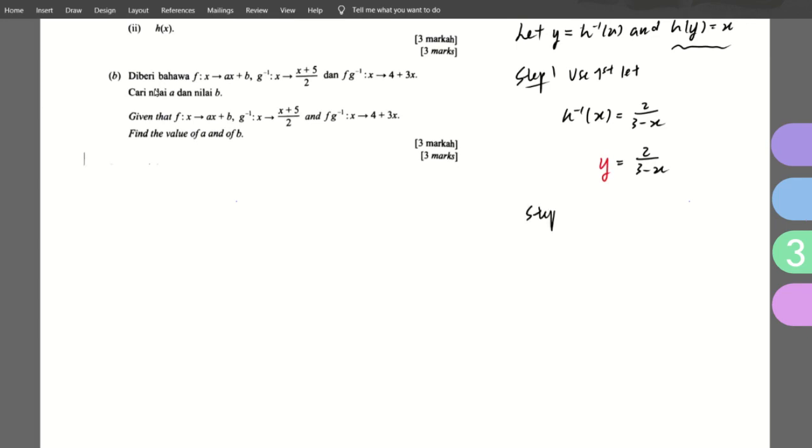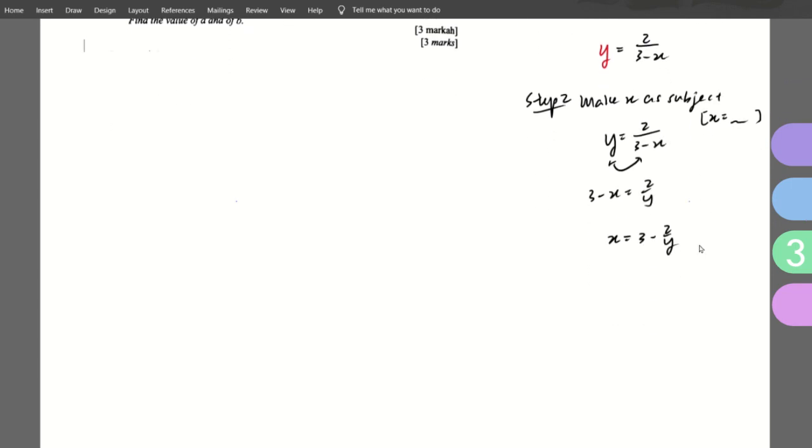Step number 2, make x the subject. Meaning, your x needs to be on the left side only. The rest of the things, you have to move to the other side. So you can see the x is the only thing on the left side.